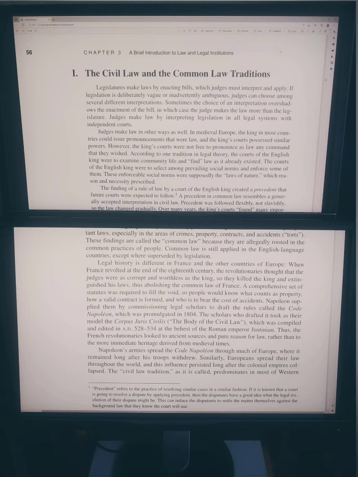This power is potentially dangerous because it brings judges into conflict with the elected representatives of the nation. The extent to which this power is exercised varies greatly from one country to another.